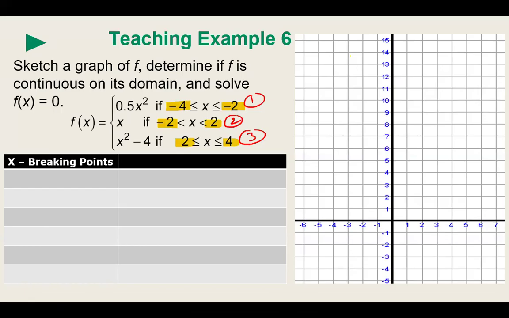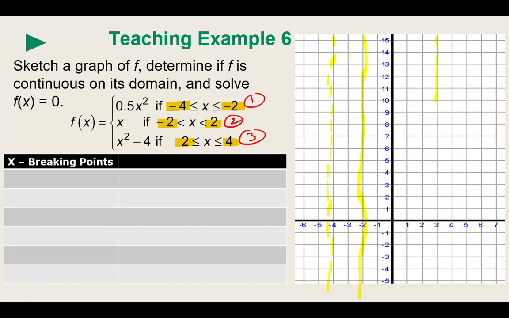For some people, if you're drawing, it helps to highlight where those breaking points are. So I know that I'm putting something, and I really can't draw straight lines. It's really tragic, but I thought if I made a dash, it would look like I intentionally struggle. So I'm at -2, -4, -2.